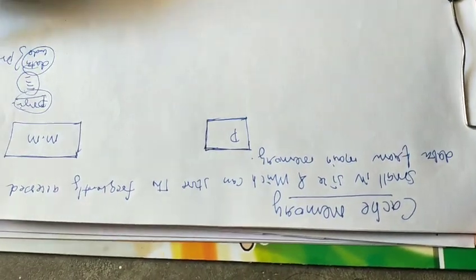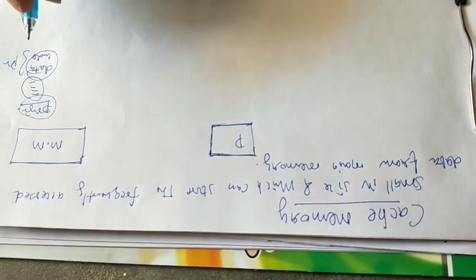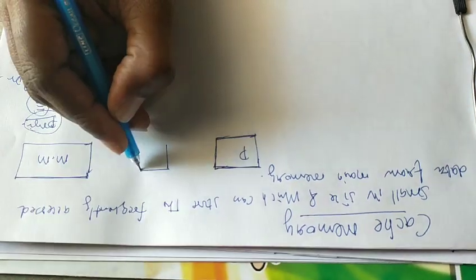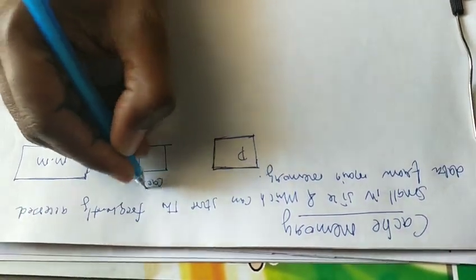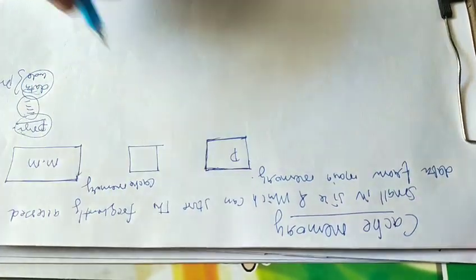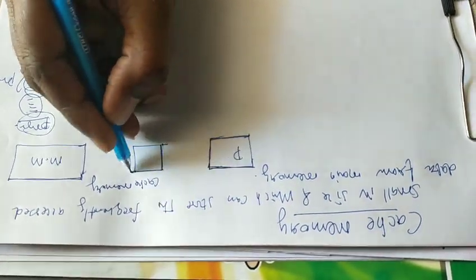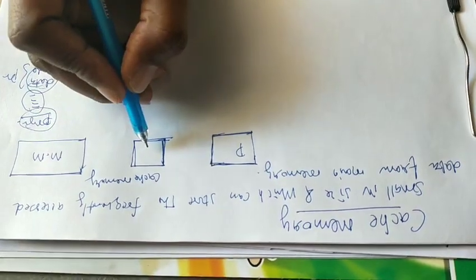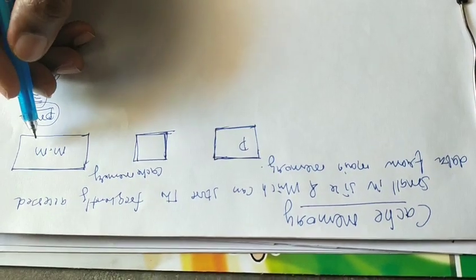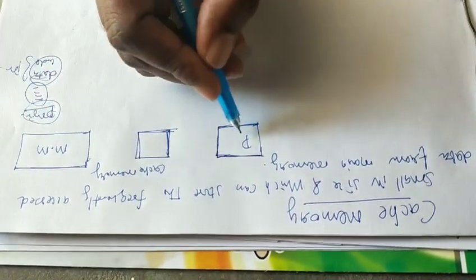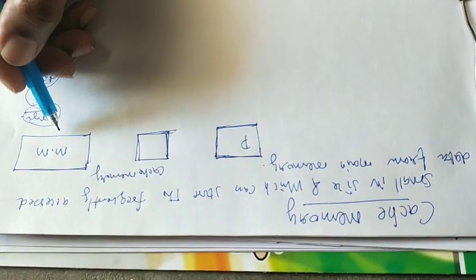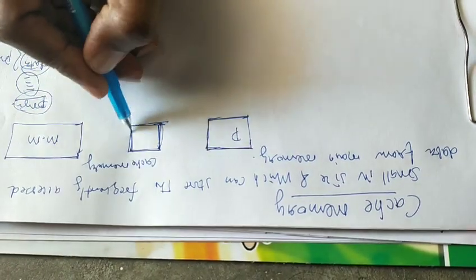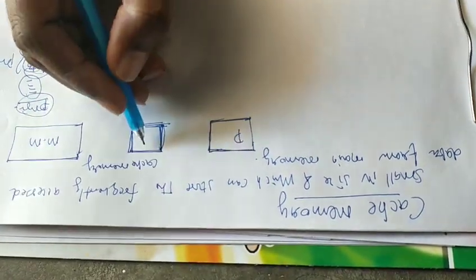The particular data and code which are accessed and executed are held in what is called cache memory. Cache memory is small in size compared with main memory, and it retains the frequently accessed data of main memory. Every time the processor accesses data from main memory, the frequently accessed data are copied and held in the cache memory. That is the main use of cache memory.